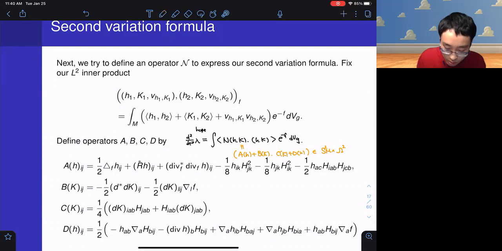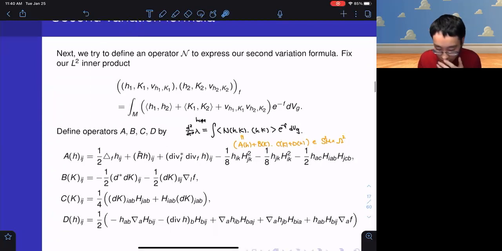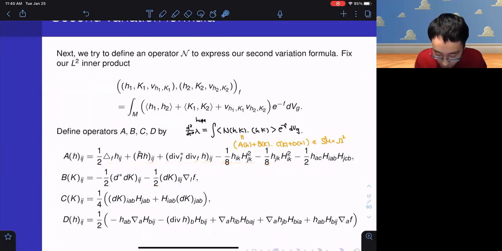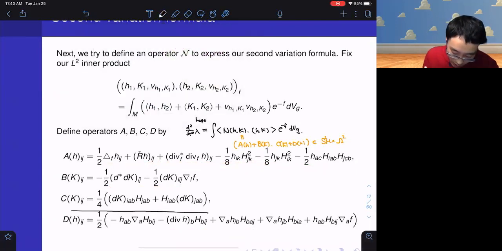We try to distinguish the symmetric 2 tensor part and the 2 form part. And this is the A, B, C, D we found. In fact, how to derive this: let me use C2 as a motivation.